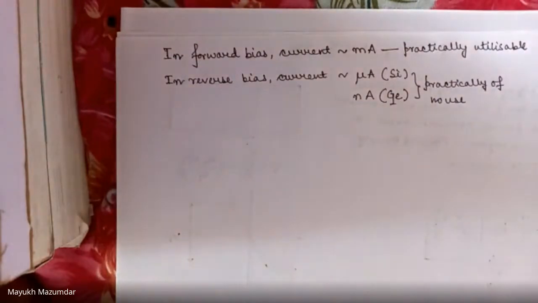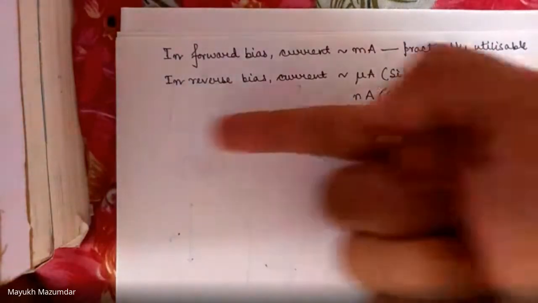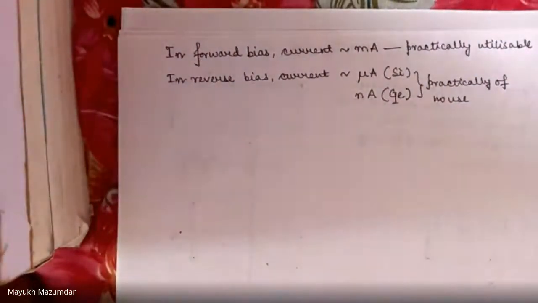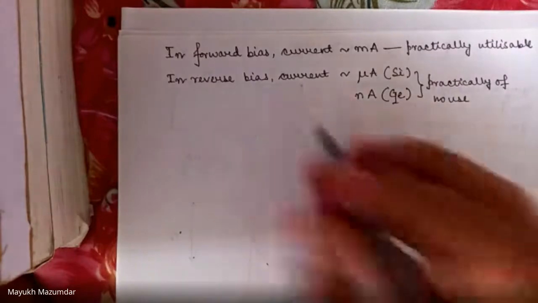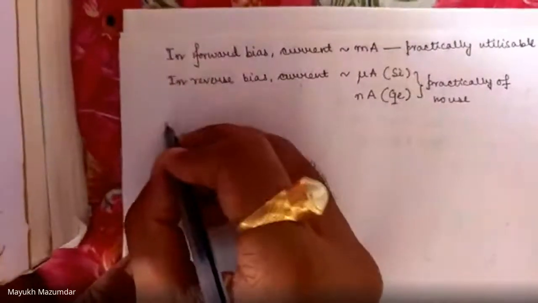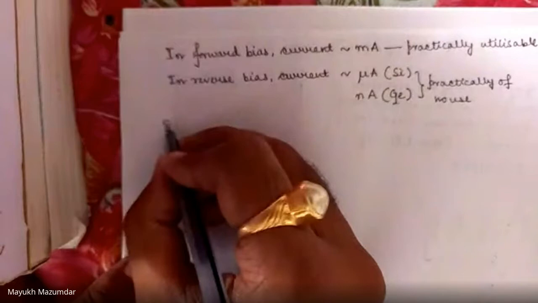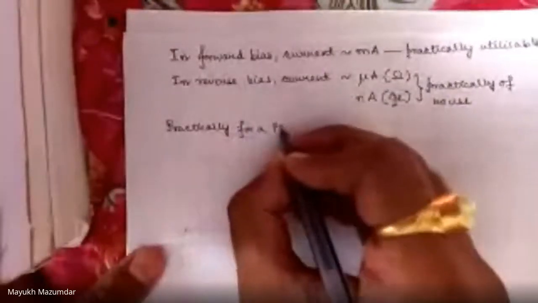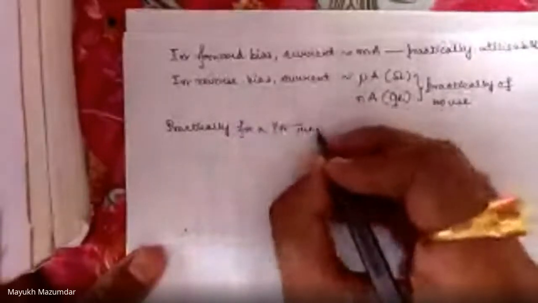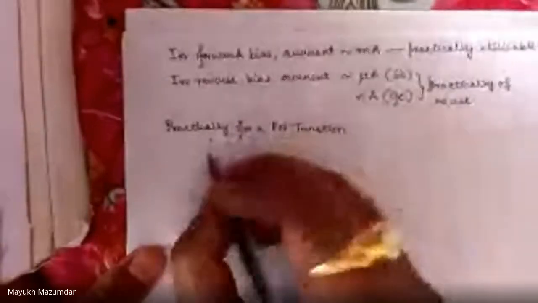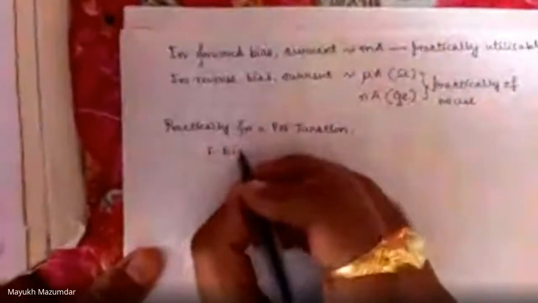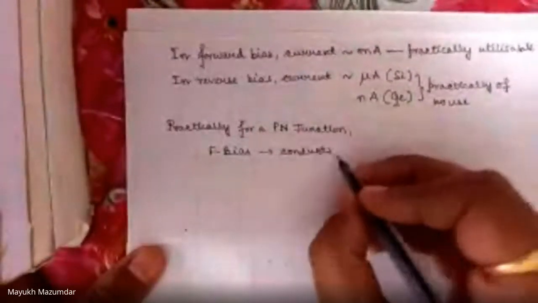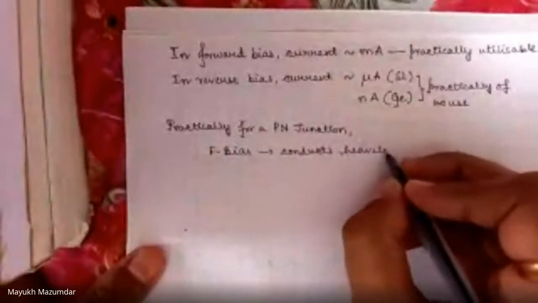So you must have a confusion that the reverse current is this way, forward current is that way, but a reverse current practically has no use. So what can we say practically for a PN junction? When it is in forward bias, it conducts heavily. Why?